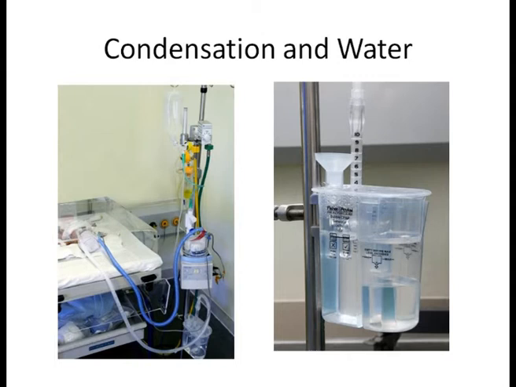And if the water level comes down, the level of immersion of the expiratory limb in the water is going to decrease, and this would invariably decrease the pressure generated in the circuit and the pressure delivered to the patient. So over time, if the water evaporates in the bubble chamber, the pressure delivered to the patient is going to be decreased. So one needs to keep a constant watch on the water level in the bubble chamber.